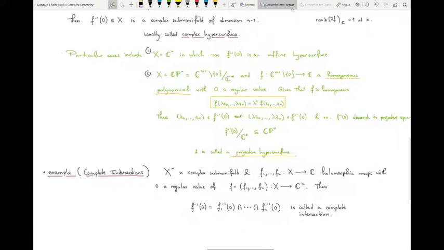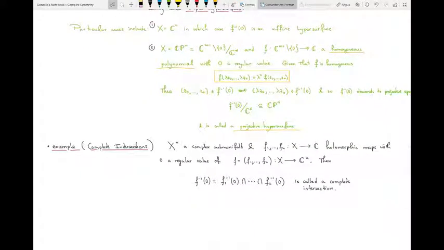Okay, so a particular case of interest is the case of complete intersections, and a complete intersection in CP^n could be obtained in the same manner, or in C^n in the same manner.